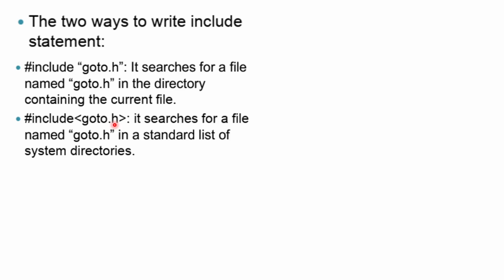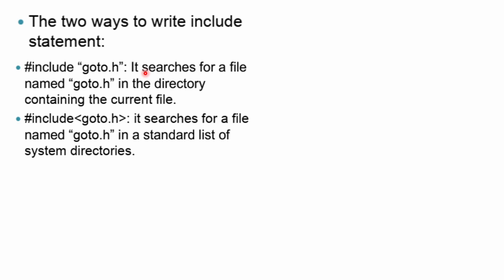But if you write in double quotes, the compiler basically tries to find the file within the current directory, and if it is not available in the current directory, then it checks in the header file directory. So if you write include stdio.h within double quotes, still you will not get any error, because the compiler will search stdio.h in the directory where you are writing the program.